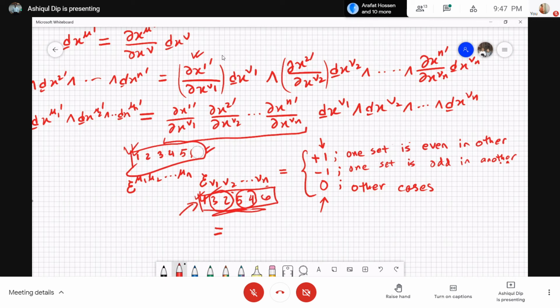Like in 8 dimension, 1 2 3 4 5 6 is possible, but here this thing like 1 2 3 6 7 8 is also possible. If you have this kind of case, that's 0 as well, because you cannot make the first one by changing the lower one.